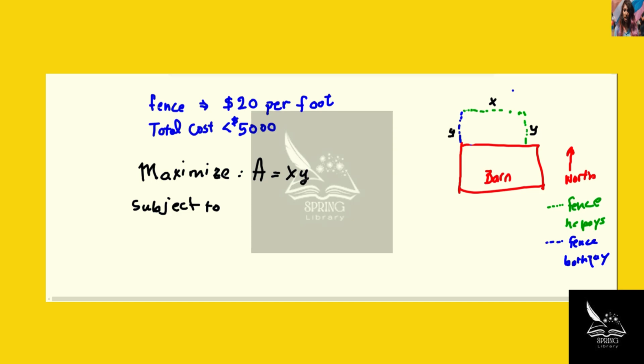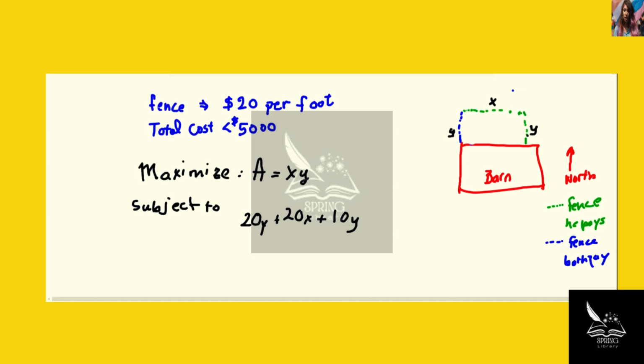So if it costs $20 per foot and he's paying for all of it and he has to pay for Y feet, that's 20Y, plus he has to pay for X of it, 20X, plus he only has to pay for half of this. So instead of being $20 per foot, it will be $10 per foot. And that's Y. Okay, 20Y.